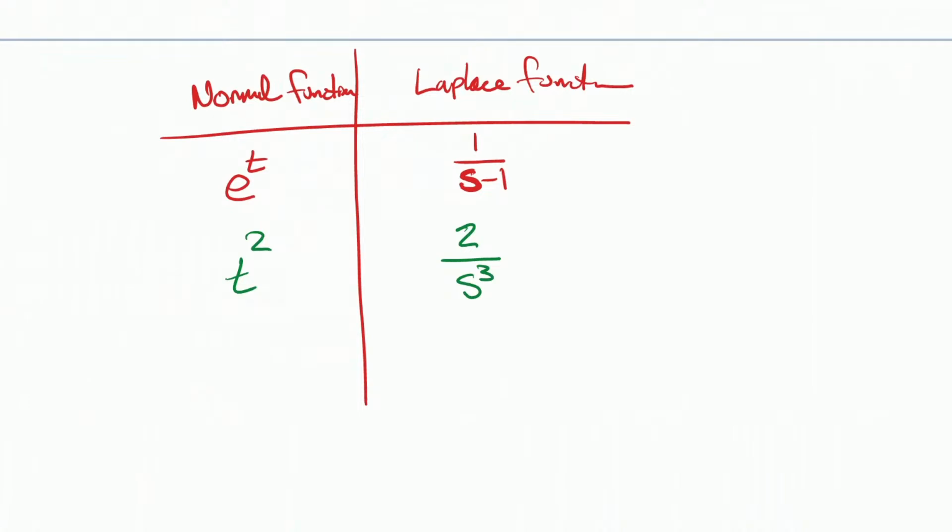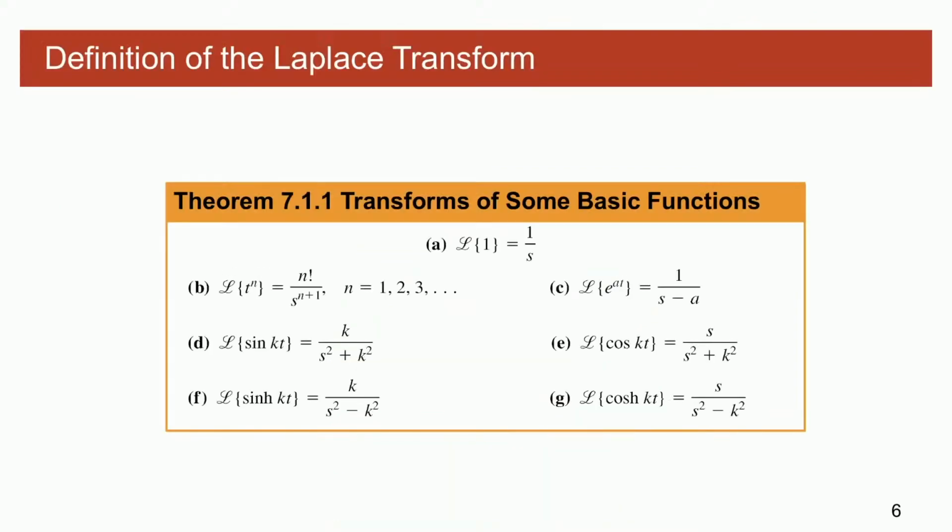That's the first two Laplaces. In general, thankfully, we're not going to do this a bunch of times, because in your book you'll find this table, and I will have an addenda to this table where someone's already done these. Look at letter B here.